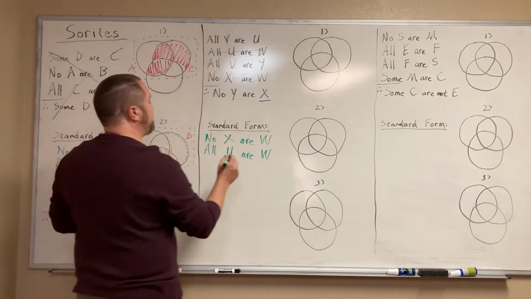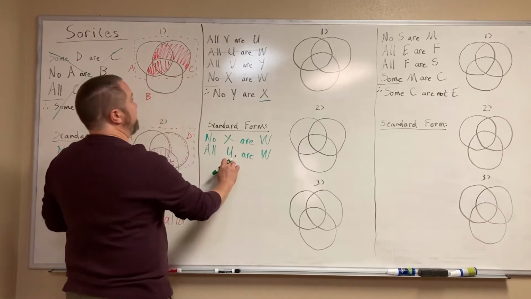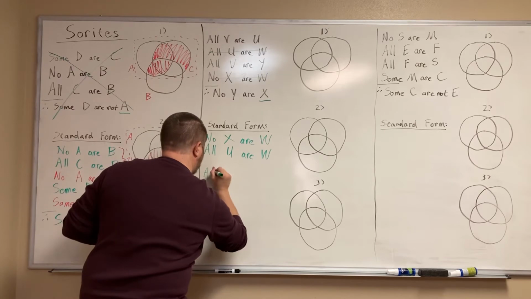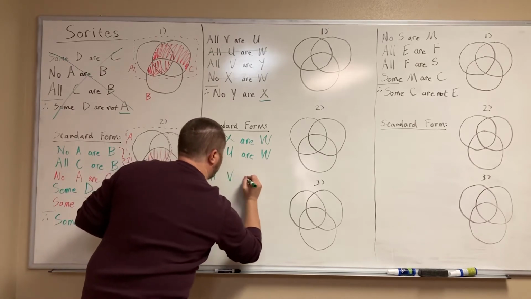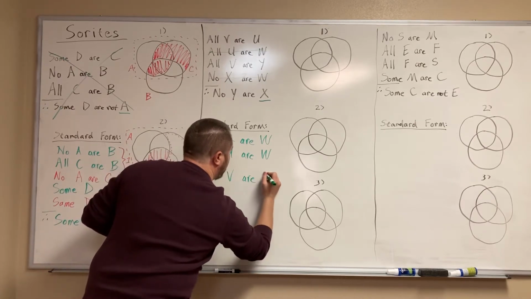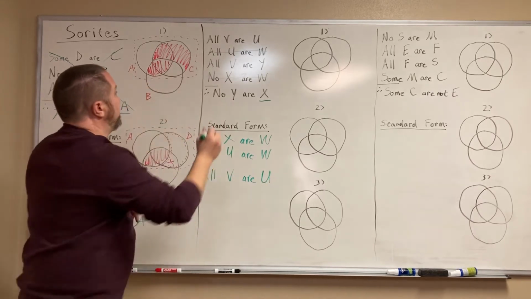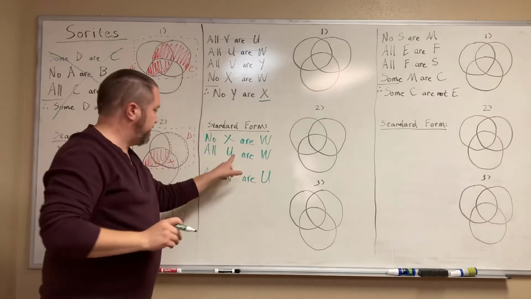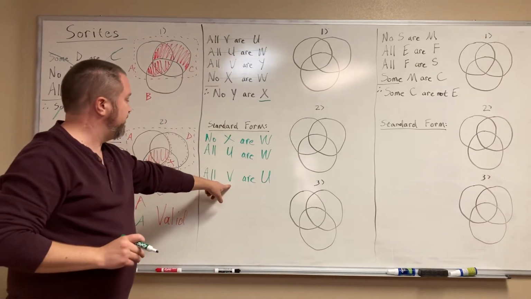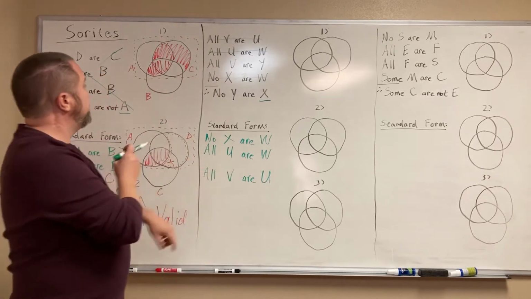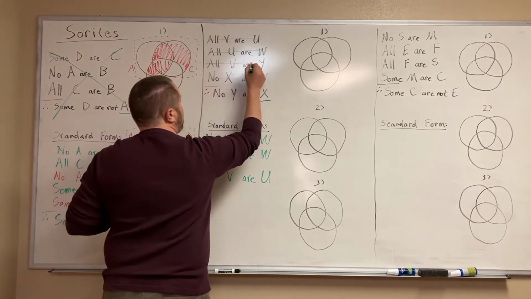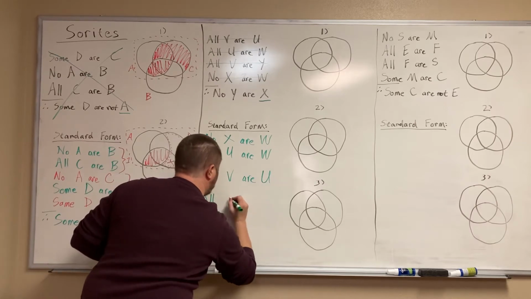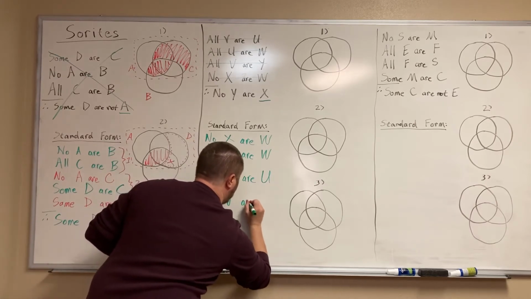But anyway, we're looking for the premise with u in it. All v are u. I'm going to leave a little space. All v are u. Cross that off. So we've already used up the u's. We go to the next term, which is v. Sure enough, the last premise, all v are y. I'm going to leave a little space again.